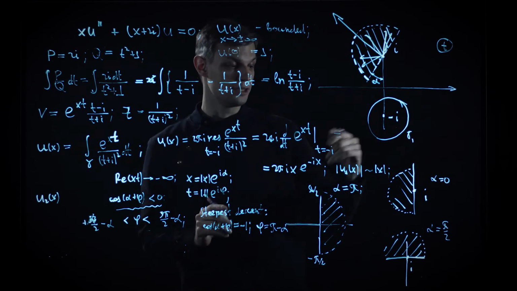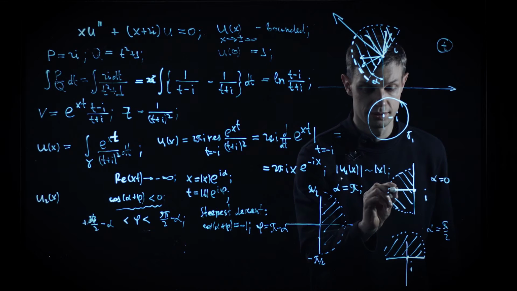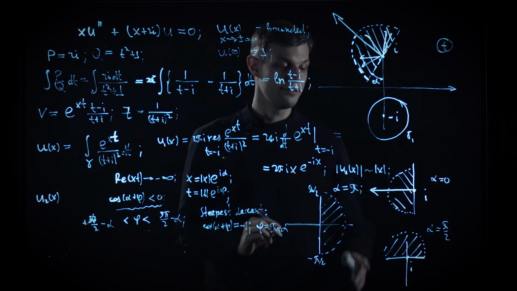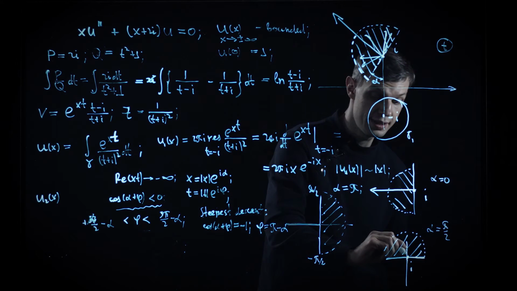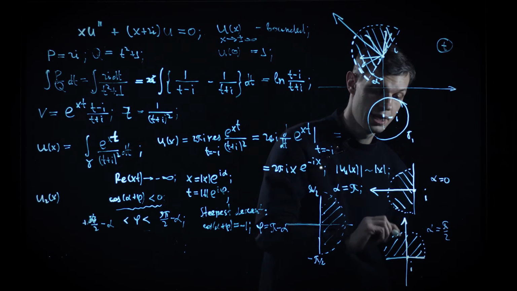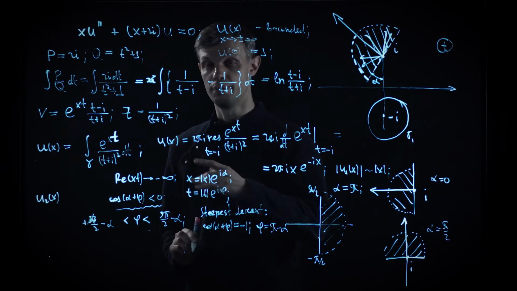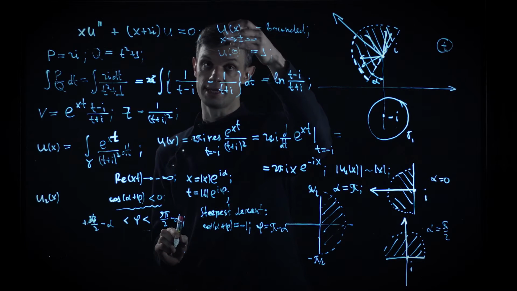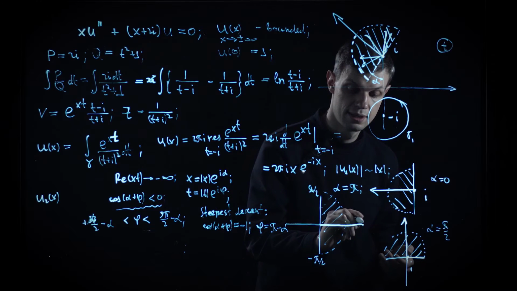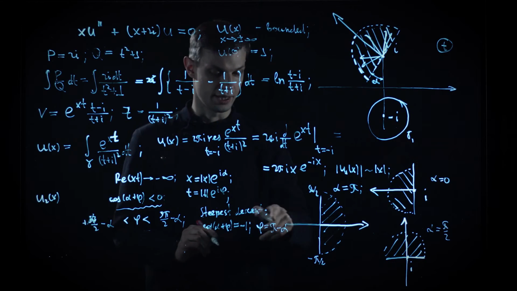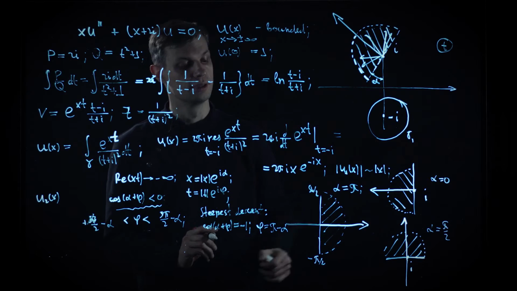For alpha equals 0, it's this direction. For alpha equals pi by 2, it's this direction. It's pi by 2. And for alpha equals pi, which is when x tends to minus infinity, it's this direction. Again, pi minus pi, 0.